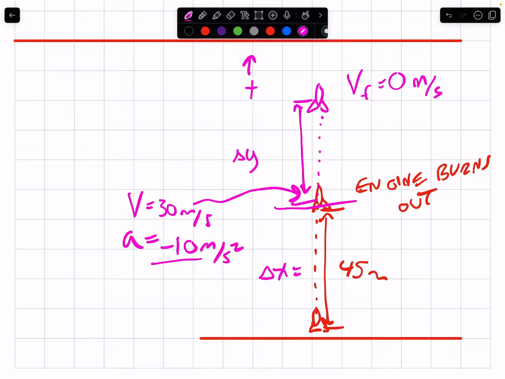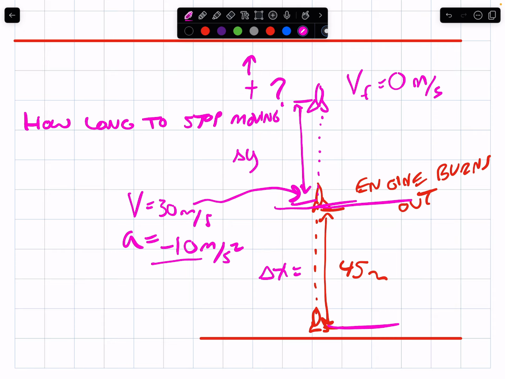First of all, I'm going to figure out the time. So how long to stop moving up? I know that this portion of the flight took 3 seconds, because that engine burns for 3 seconds.